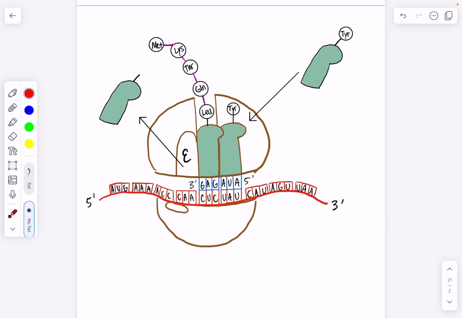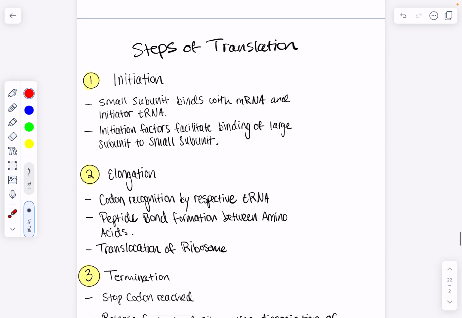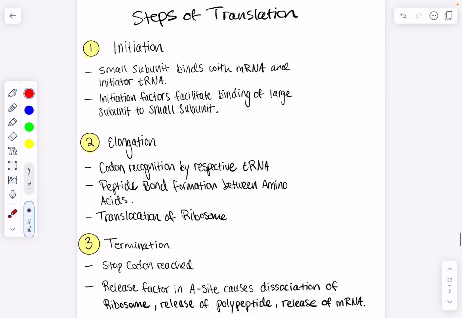So here's an overall diagram of the process of translation. We can see how the tRNAs are interacting with the ribosome and also how the mRNA is interacting with the ribosome. And we're going to go through the 3 steps of translation.